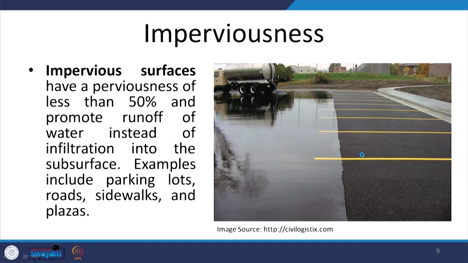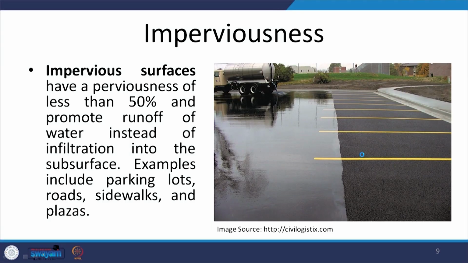Now, when we are looking at a site development, we should promote that the imperviousness of the surfaces is less than 50%, so that more and more water is allowed to stay on the site and percolate down to the ground and not run off to the drains.